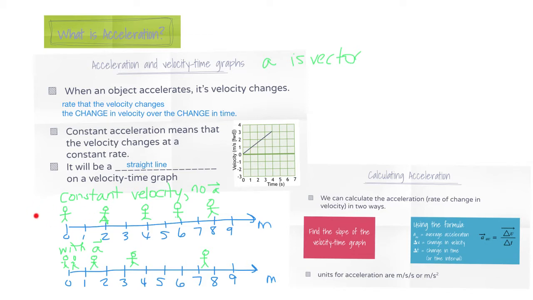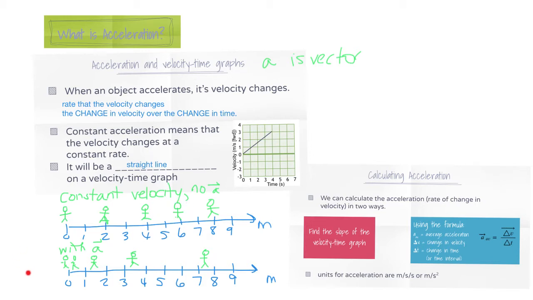They're called motion maps. They show you where an object is every second. If they're going the same distance every second, then that's constant velocity. You'll see a nice evenly spaced motion map.